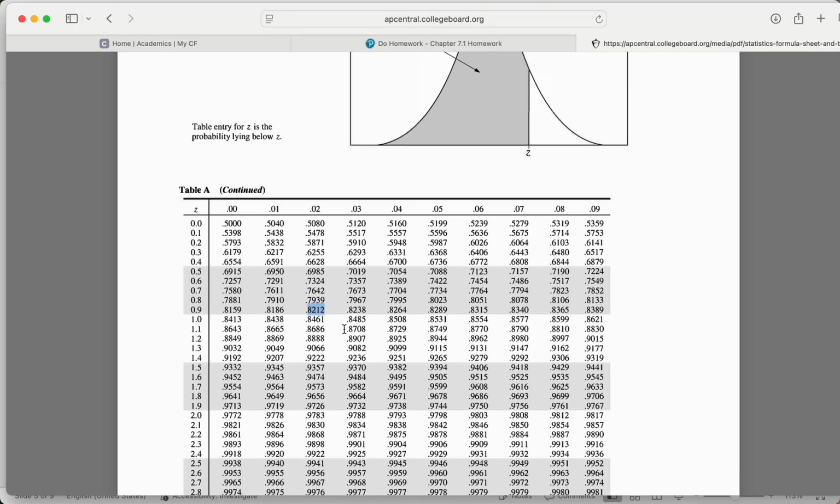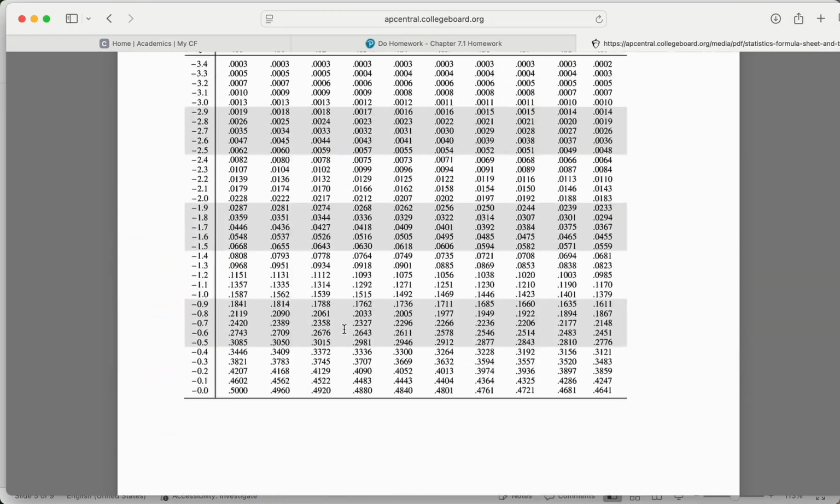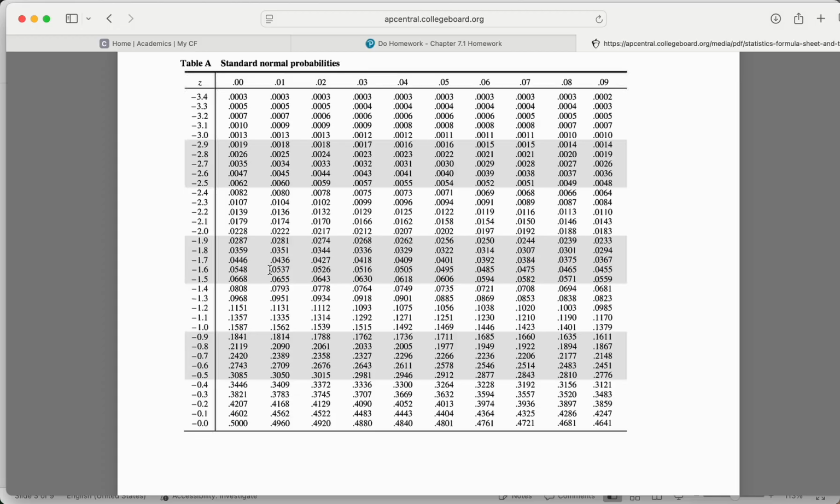So anyways, let's find our 9%. Closest I can get to 9% is right here, and that's negative 1.34. All right, and so maybe we'll just snip this into the notes.